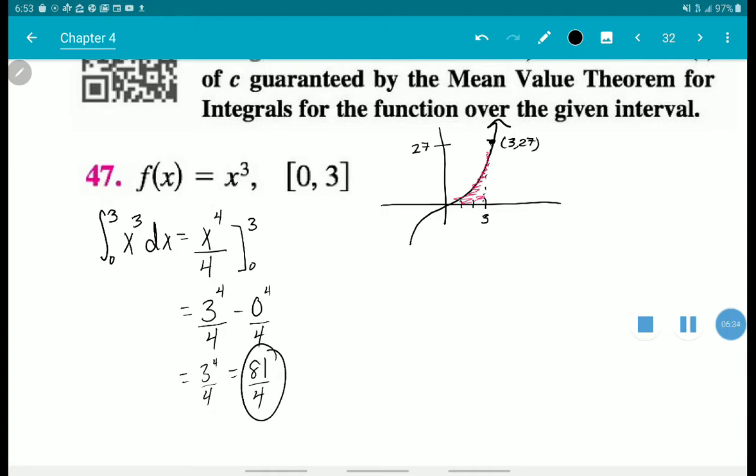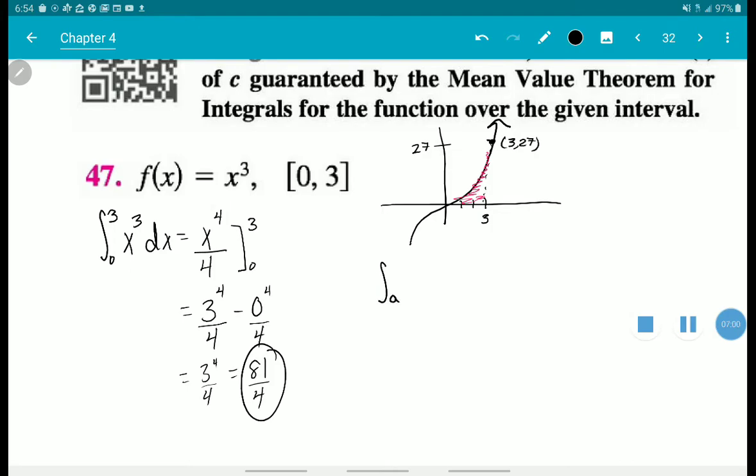So there's our exact value, and we could turn that into a decimal. That's actually a pretty nice decimal. So that area between that curve and the x-axis is 81/4. Now, if we're going to use that mean value theorem for integrals, what we're trying to do is figure out what that rectangle would look like that would have that same area as 81 over 4.